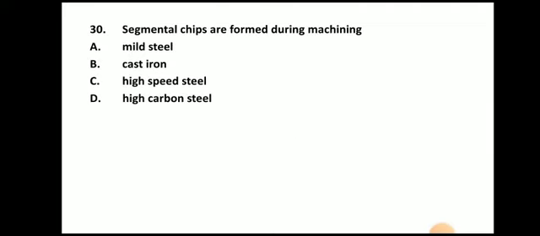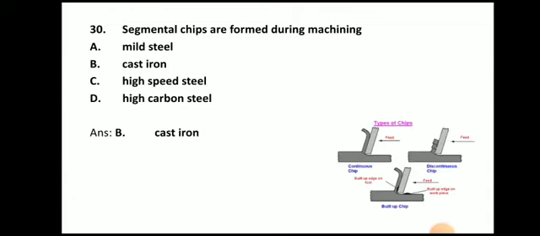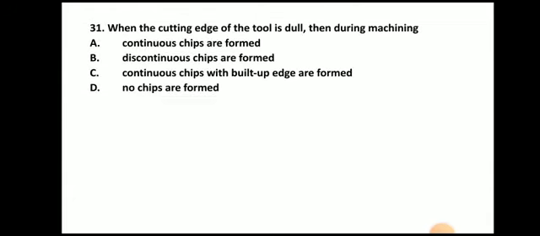Next question. Segmental chips are formed during machining of cast iron. So cast iron is a brittle material, and during machining of a brittle material, discontinuous chips are produced or the segmental chips are produced. Next question. When the cutting edge of the tool is dull, then during machining, continuous chips with built-up edge are formed.